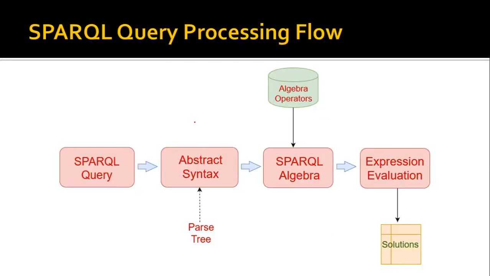Now, talking about the processing flow, you have different stages in this entire workflow. First of all, the SPARQL processor will come up with an abstract syntax of the query. What do you mean by abstract syntax of the query? This is similar to the processor that processes programs following a programming language.